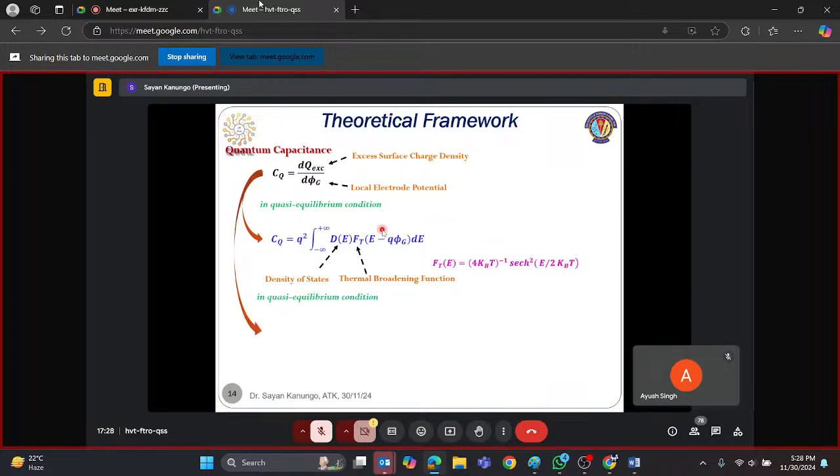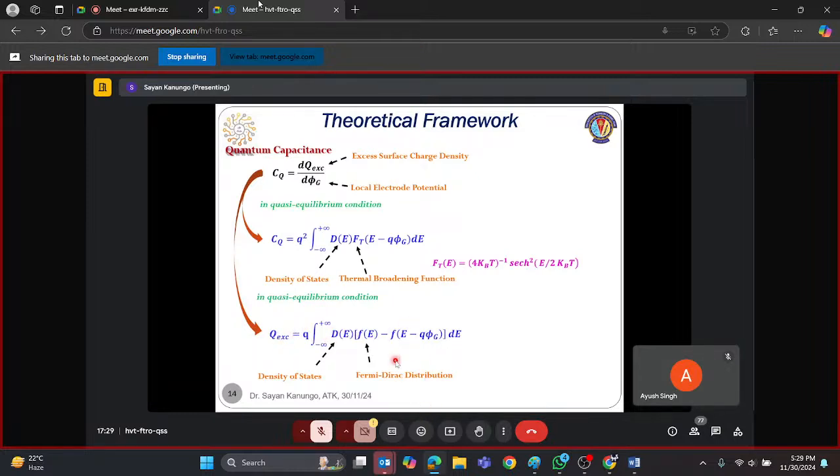So, just like the quantum capacitance, the excess surface charge density can also be numerically calculated following this expression, where once again we will see the density of states remains one of the major factors in determining the excess charge density.